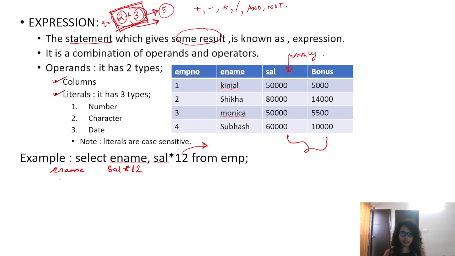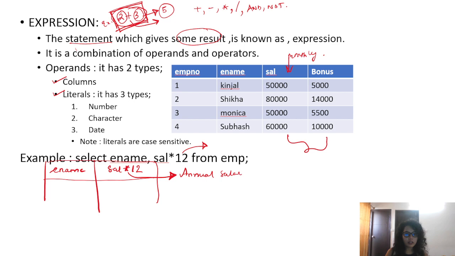So you get an output as Kinjal, 50,000 into 12, like that. Your column names will be ename and sal into 12, but I don't want this column name. I want it to be written as annual salary. I want the output like this instead of this.